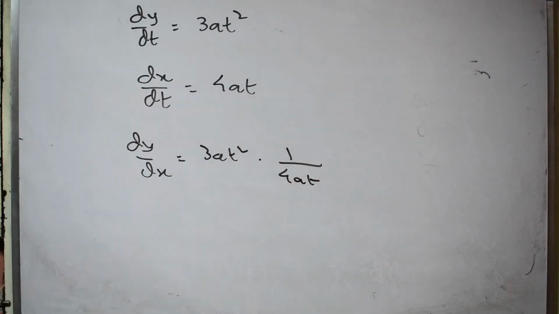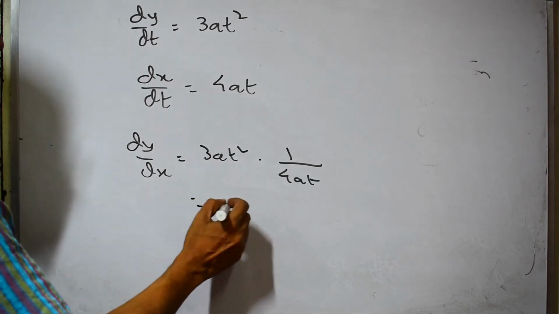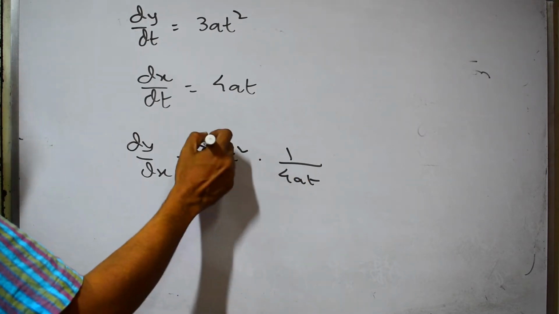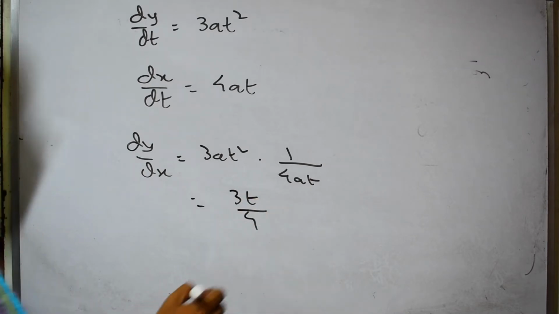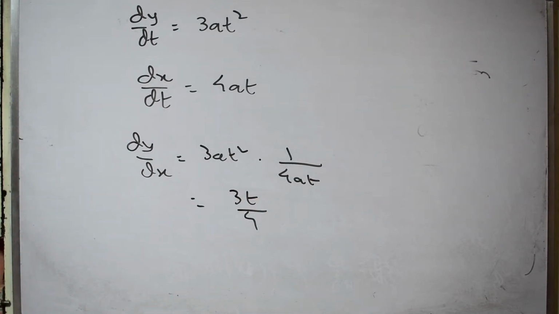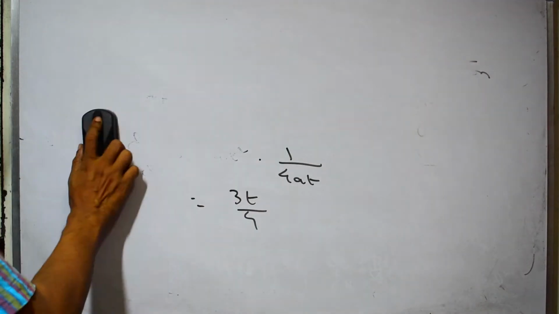The idea is dy/dt into 1 by dx/dt, this is a chain rule. That means 4a, this a is cancelled and t square t is cancelled, so 3t by 4. This is the answer for this one. So it is parametric, because in the answer you are finding that t is present in the final answer. t is the parameter. So this is a parametric differentiation.